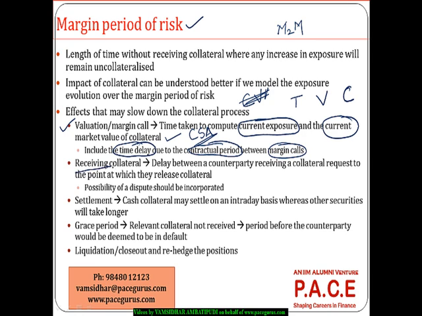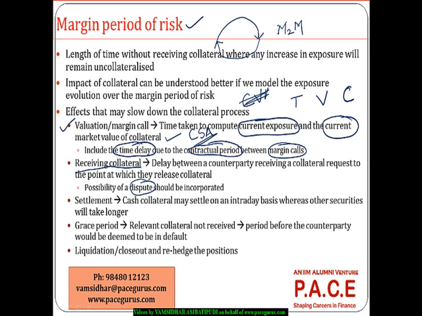Then receiving the collateral, there is a delay. From the counterparty getting a request, please deposit the collateral, to the time the party makes an arrangement to release the collateral physically. In some cases, there could be a dispute over the amount, depending on how the valuation has been performed and what important input data are considered for the calculation.